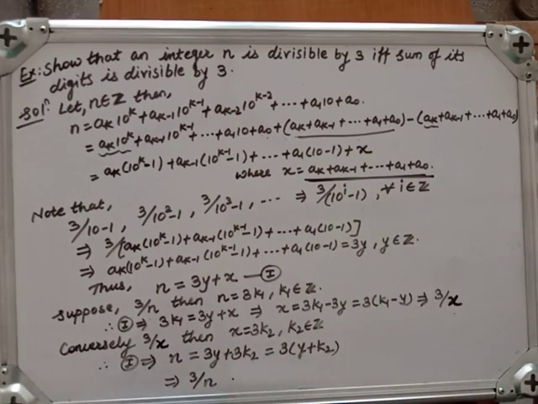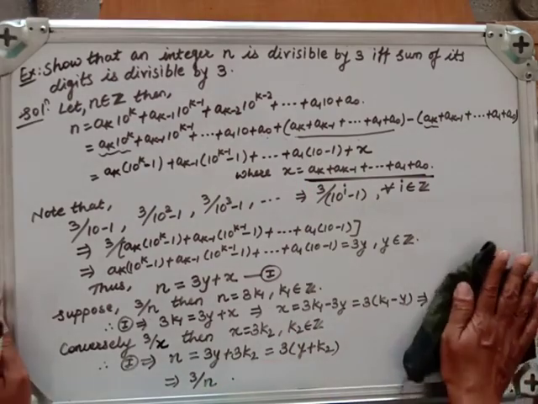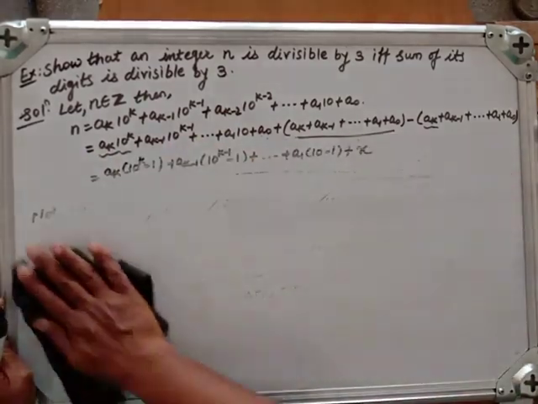Now I have to give the same type of example as homework to you. It is for the divisibility test of 11. Try for it. If you are unable to solve, then ask me again.